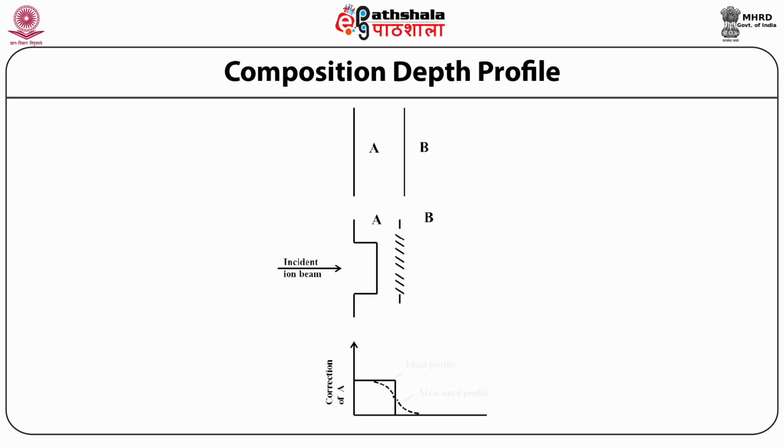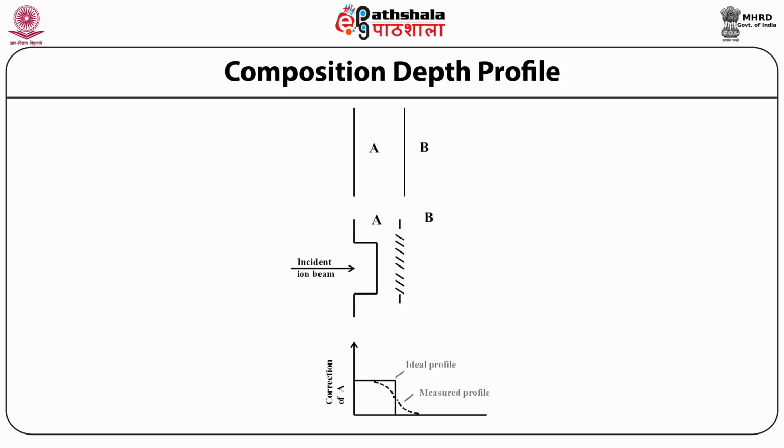The ion gun can produce a flux of positively charged argon ions with current density and energy in the range of 1 to 50 microamps per millimeter square and 0.5 to kiloelectron volts respectively.